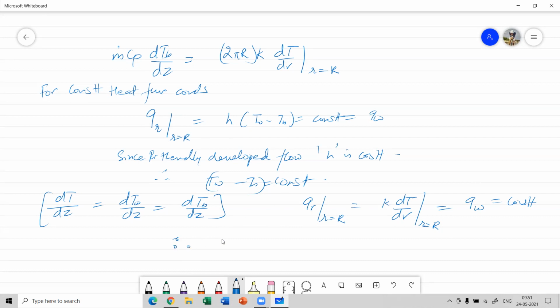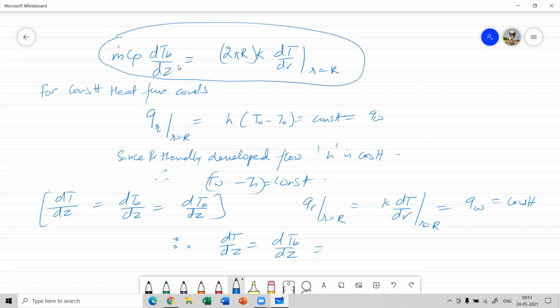Now this can be written as qw as a constant. Therefore, dT by dz is same as dTb by dz, and from this expression we can find out dTb by dz, and also dT by dr at r equal to R can be calculated from here. So we can substitute both of these.